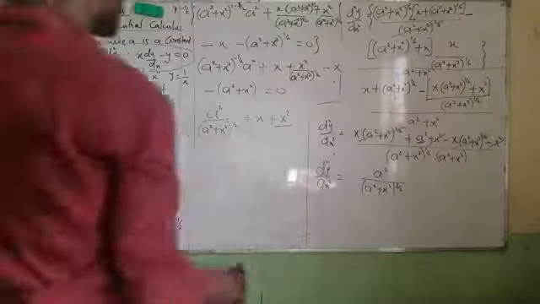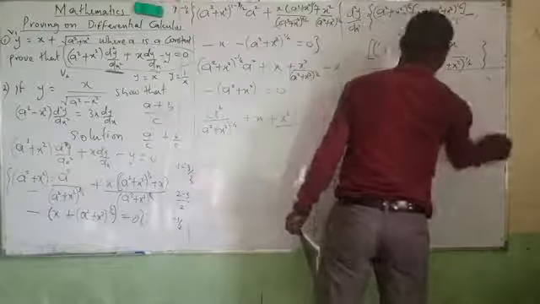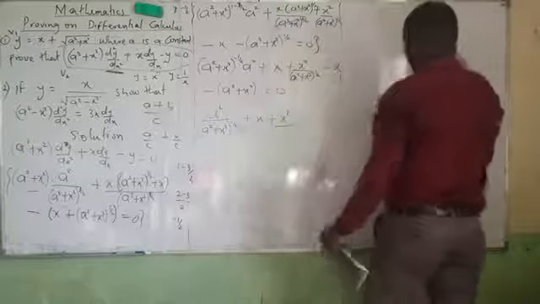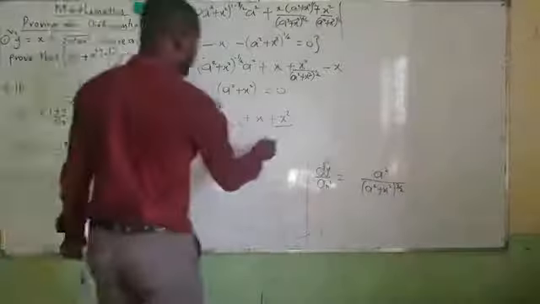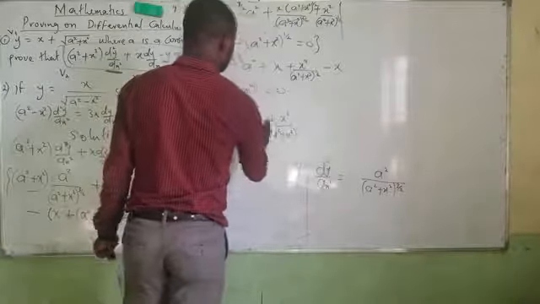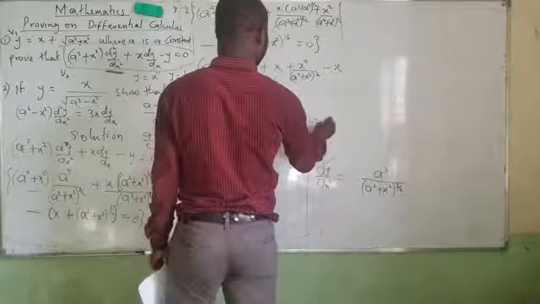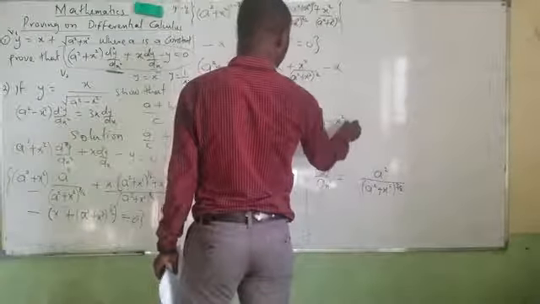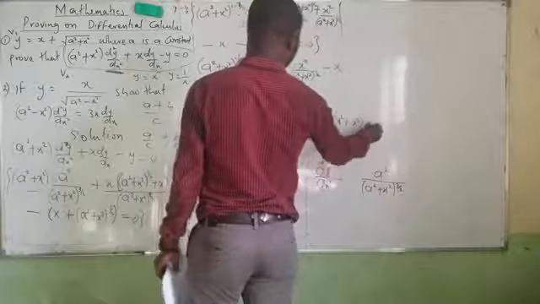Permit me to use this so that I can utilize the board very well. I think I'll be having a squared plus x squared 1 all over 2, and minus x and minus a squared plus x squared bracket, equals to 0.